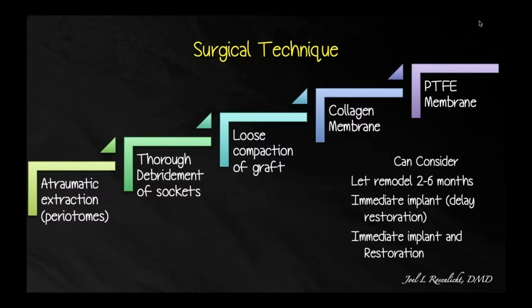And then you can let this remodel for 2 to 6 months. Sometimes I'll do immediate implant placement in extraction sockets in conjunction with bone grafting. Sometimes I'll put the implants in and delay their restoration, and we'll talk about that also.